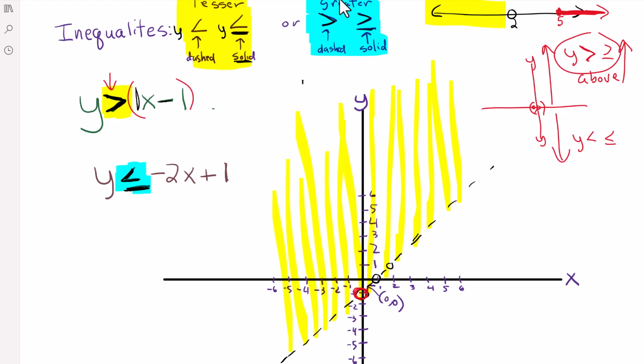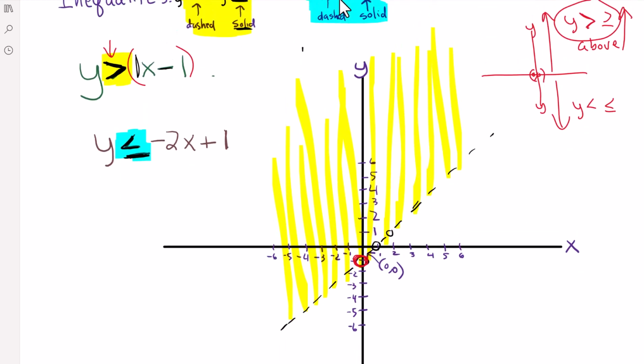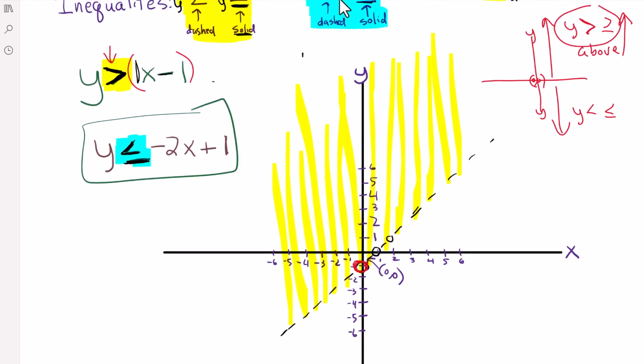Okay, and then we're going to graph the next. Now, first thing we notice, there's a solid line, so this will be solid dots and solid lines. Okay, and then when we shade, it'll be all the values smaller than y.